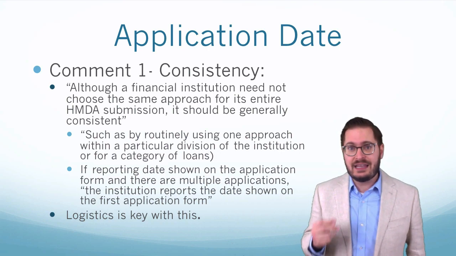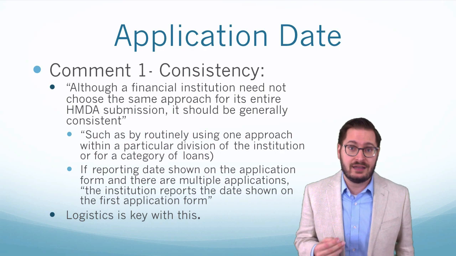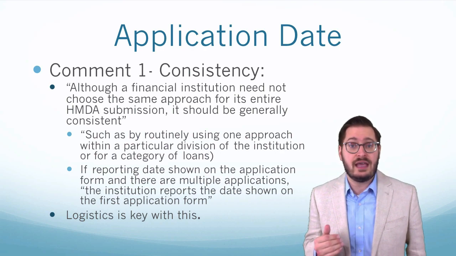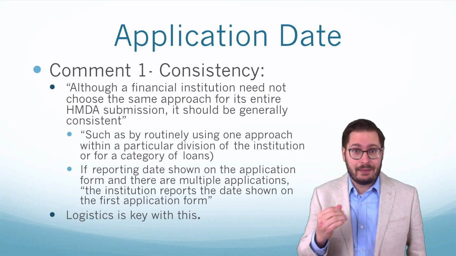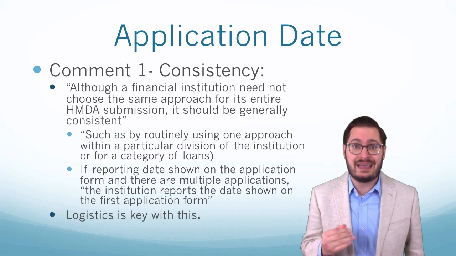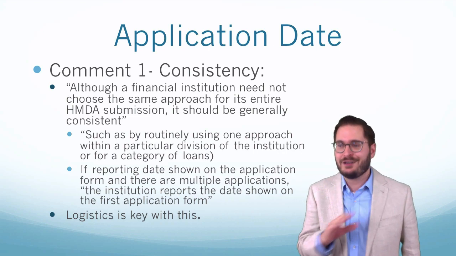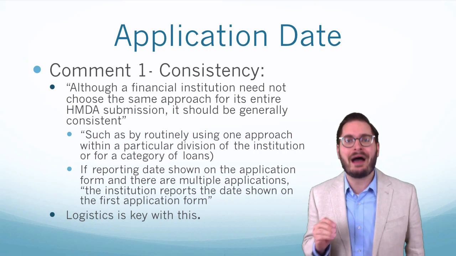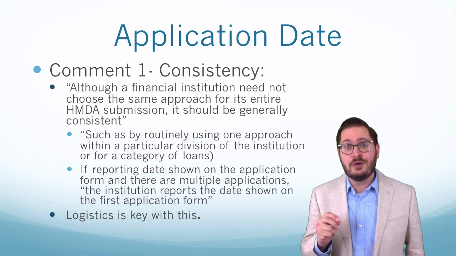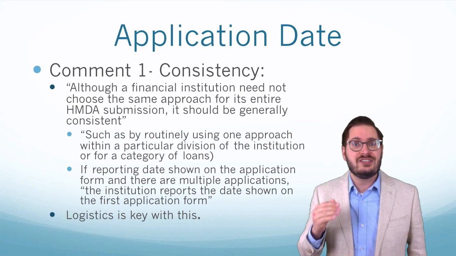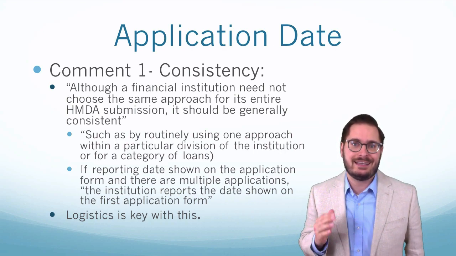If he did not sign it, use the date of the first applicant or something like that. Or you could just say, if there is a stamp on the application form as received, use that date. If not, use the loan officer date. The bottom line here, and I could go on and on with scenarios, is that you need to define what you're going to do, logistically speaking, and be consistent.